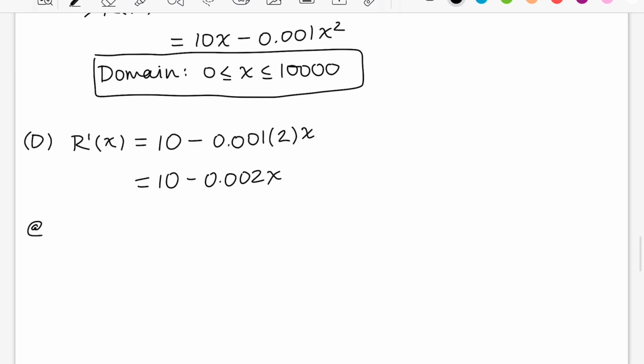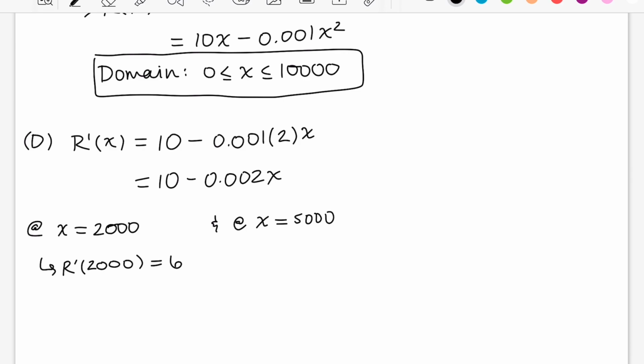Then at the given points, so X is equal to 2,000, we'll just plug this into our marginal revenue function. And in this case, we get 6. And doing the same thing for our other points, we have that X is equal to 5,000.